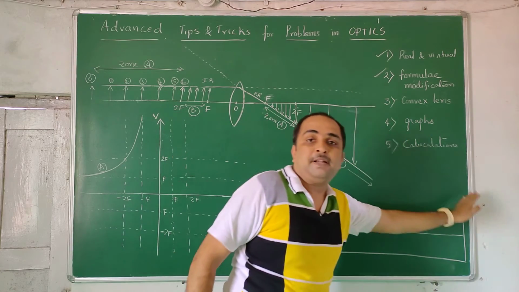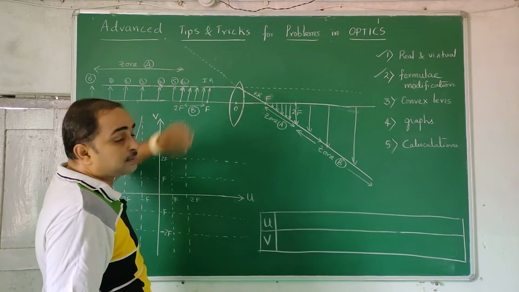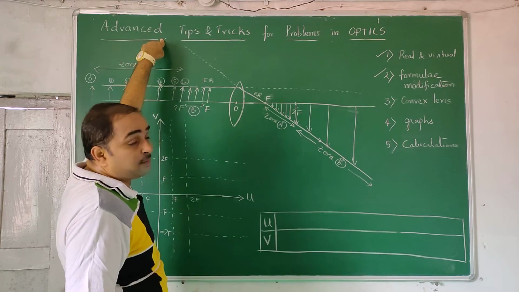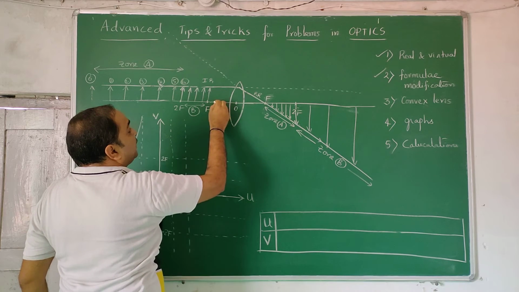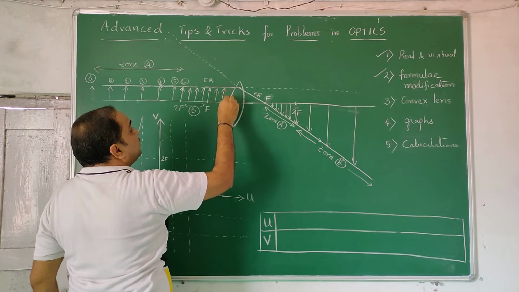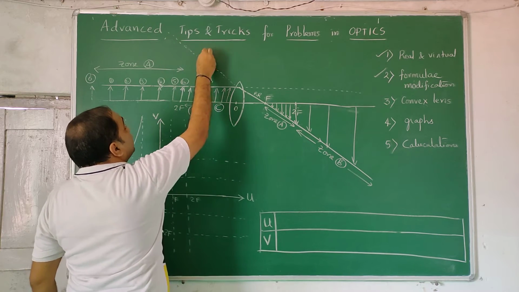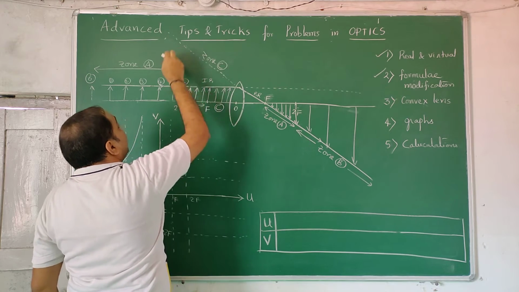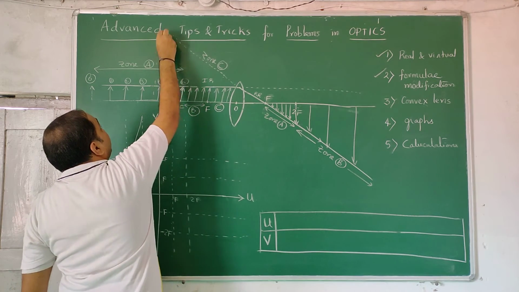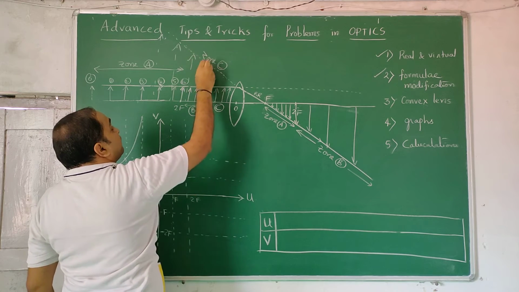Suddenly at plus infinity, the image disappears when it comes to focus. Similarly, it starts at plus infinity somewhere here, and as you go further between the focus, this is your zone C. In this zone C, it starts from somewhere, a virtual image at infinity, comes down, comes down.